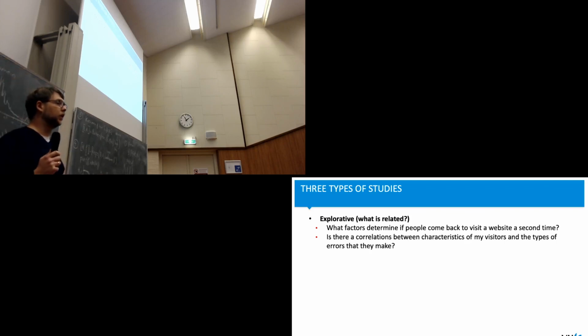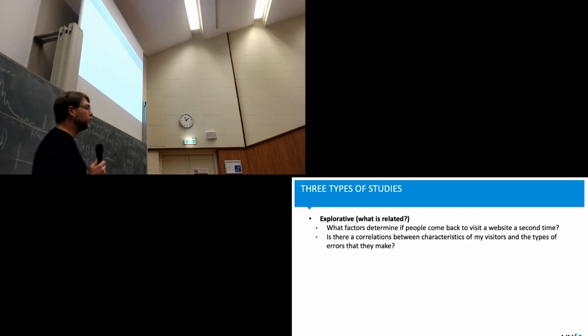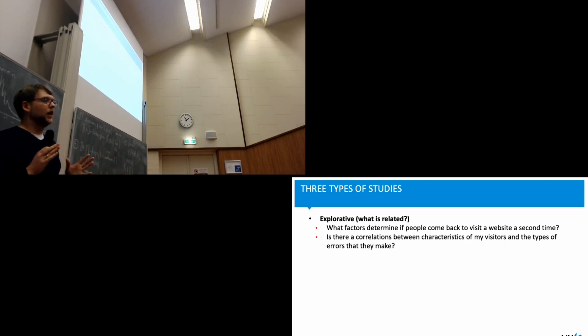This could be a research question for an explorative study. Or is there a correlation between characteristics of my visitors and the type of errors they make? So here we have a more broad research question. We don't have an idea what it could be, so it's pretty open what the result could be.